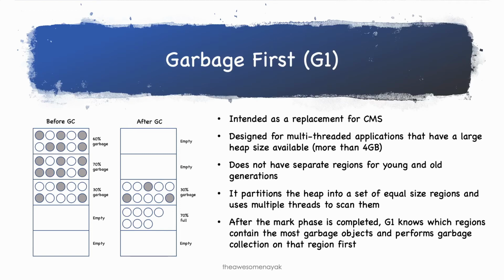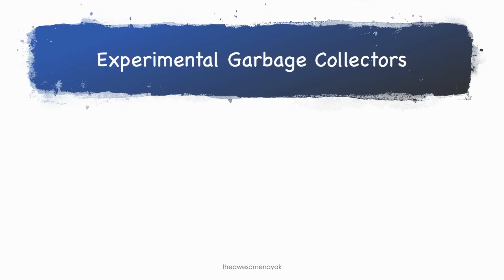If the user is not worried about pause times or has a fairly large pause time goal, G1GC might choose to include more regions for evacuation. Since G1 identifies the regions with the most garbage and performs garbage collection on those regions first, it is called the garbage first collector. Apart from the mainstream garbage collectors we just discussed, there are some experimental garbage collectors included in the JDK as well.